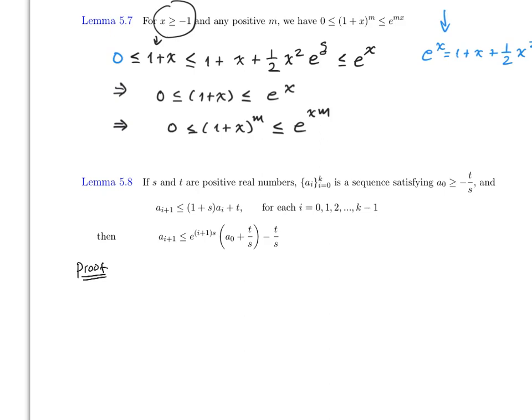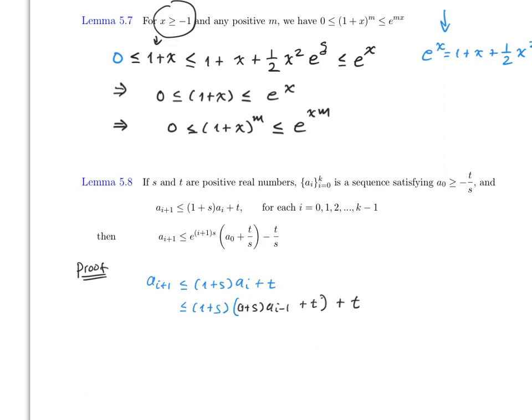All right, so we know that a i plus 1 is less than or equal to 1 plus s a i plus t from here. But this is also less than or equal to 1 plus s times 1 plus s times a i minus 1 plus t, plus t.